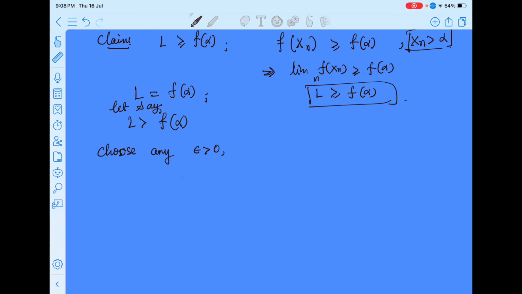Then by definition of f of alpha, there is an n epsilon such that fn epsilon of alpha is strictly less than f of alpha plus epsilon. We have to notice one thing, that fn of x is greater than or equal to f of x for all x.